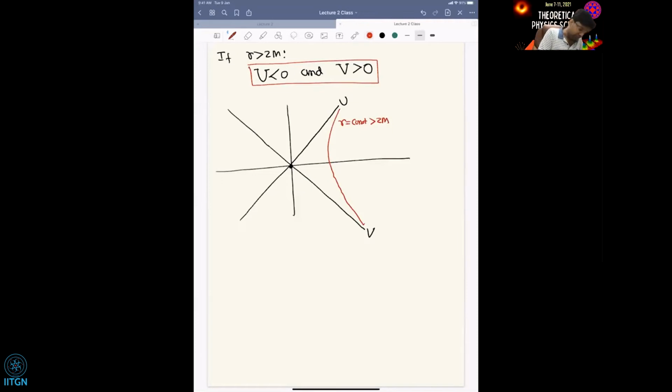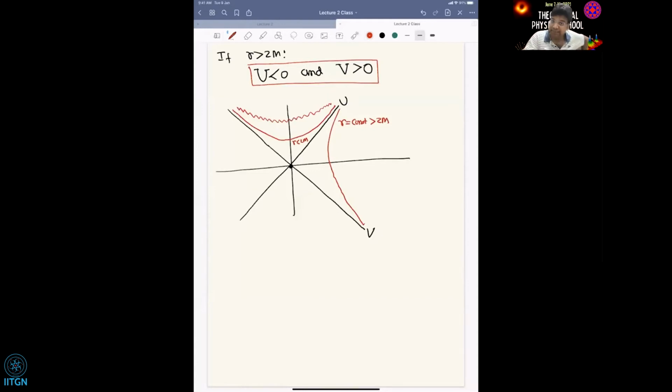So here, r equal to 0 is also a hyperbola. If you're inside, the hyperbola will look like this. Let's draw this. This is r less than 2m. Okay. So r equal to 0 will be somewhere here. I'll draw this with a wavy line, saying that I cannot extend the manifold beyond r equal to 0.